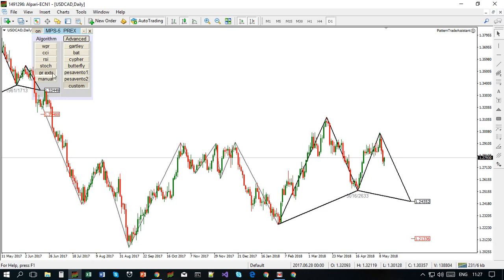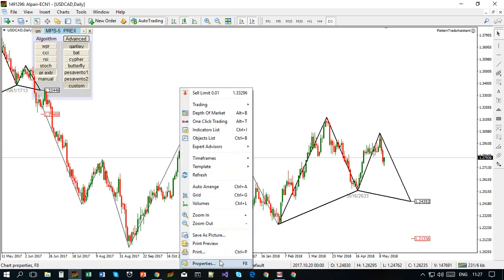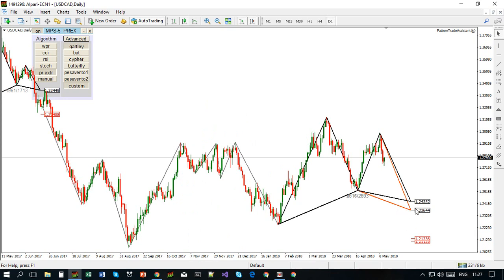Okay, and of course I can switch to other patterns. If I enable this as a Gartley pattern, let's go to refresh rates. My pattern completes at 0.786 and the advanced formation Gartley completes at the 127 extension.